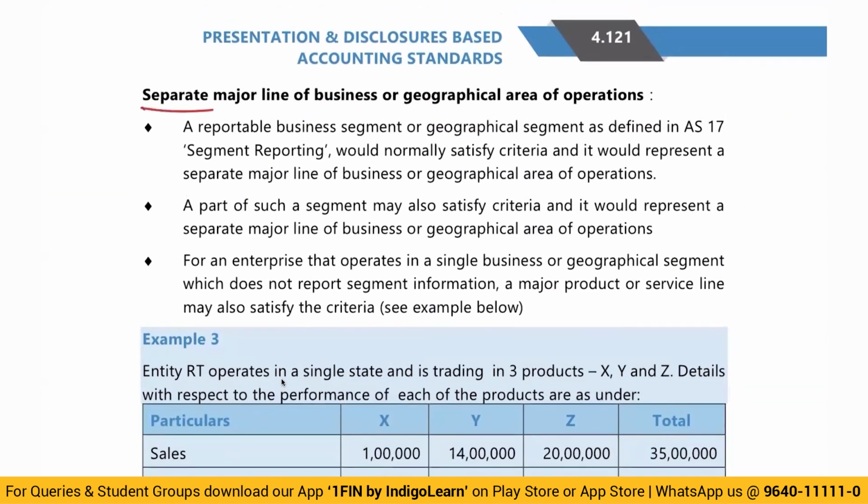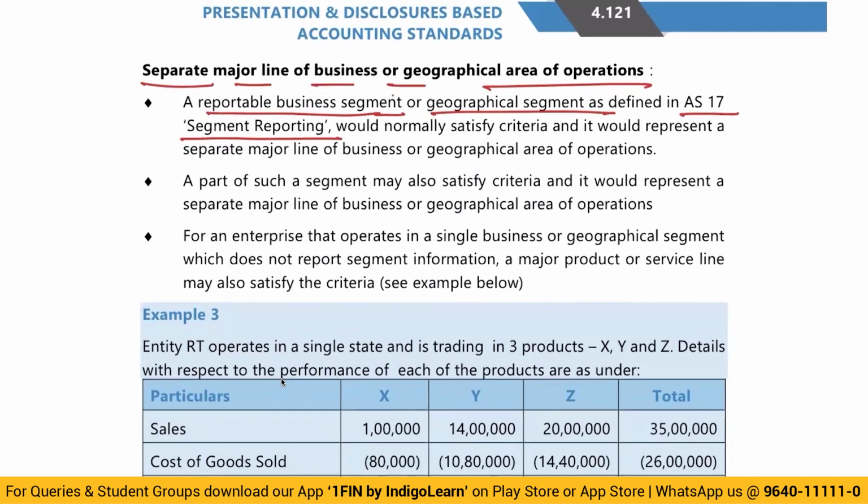Now, how do we identify a separate major line of business or geographical area? If it is a reportable business segment or a geographical segment as defined in AS 17, normally you can say that it is a major line of business. Out of the entire business segment, a small part of the segment may also satisfy the test of major line of business.